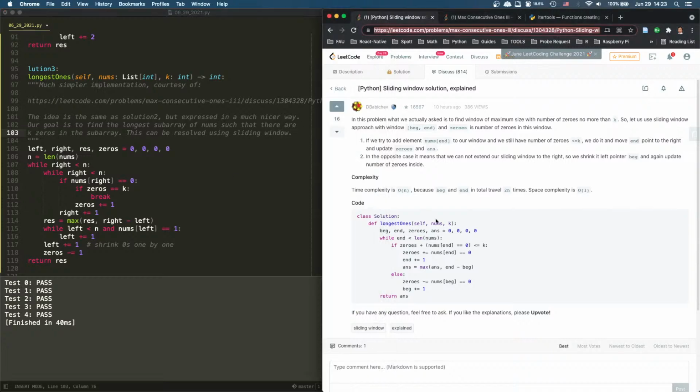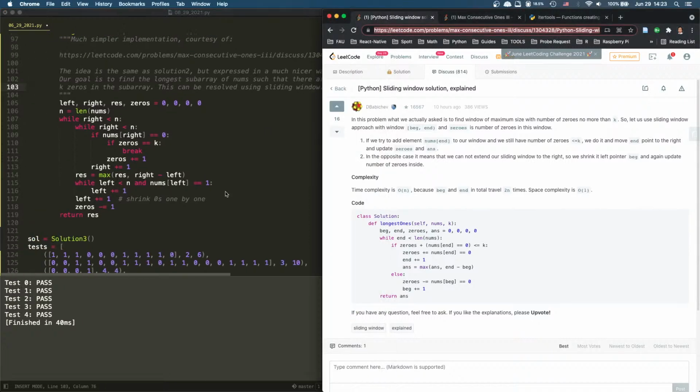Alright, let's see this one. While zeros plus this nums and equals 0 is smaller equal to k.